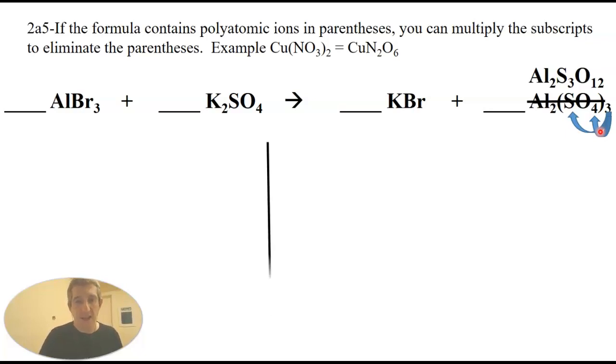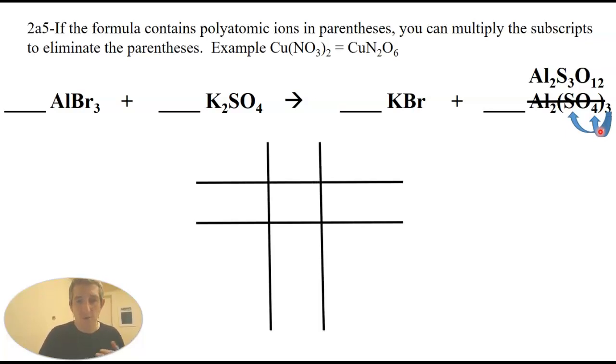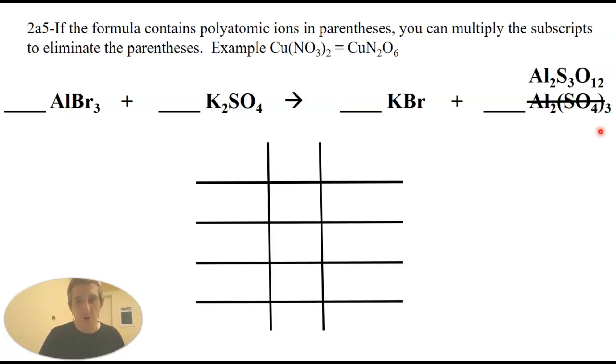Now I'm ready to take my inventory. Some people write that out, Al2, 12. Some people don't. That's okay. That's up to you. But now we're going to keep track of all of the elements we have in this little T chart. So I have aluminums, I have bromines, I have potassiums, I have sulfur, and I have oxygen. Now I'm going to take my inventory.